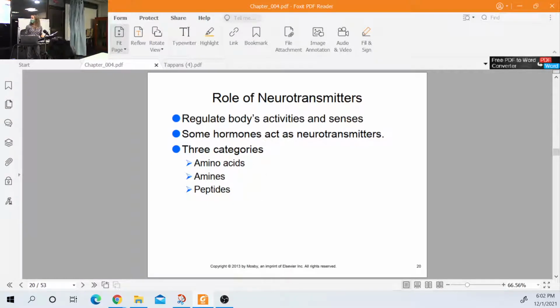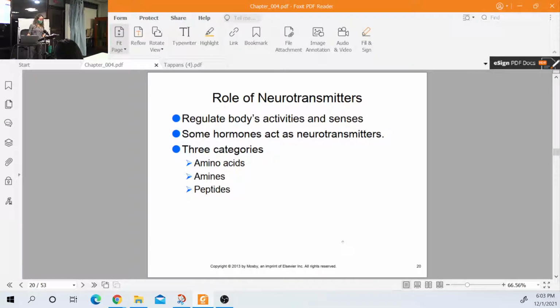Amino acids, you've probably heard of the most. Peptides, probably second, I would think. But they all have different characteristics associated with them. Peptides, for example, will have a longer term effect than the other 2. Just little differences like that.